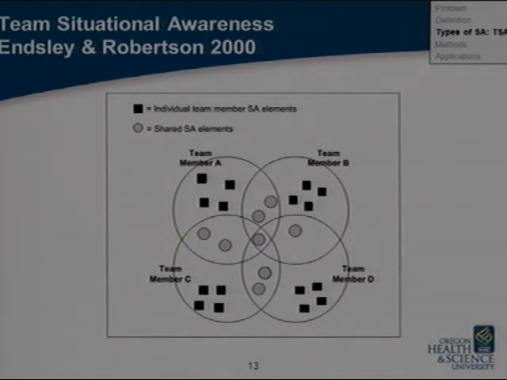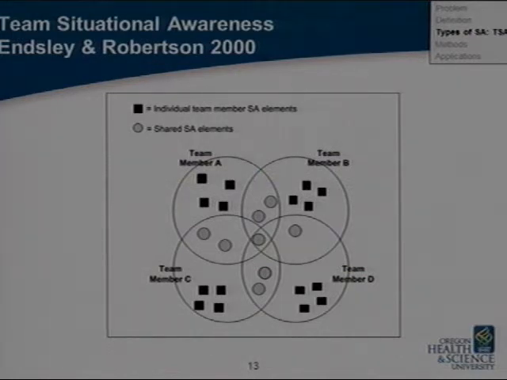This is Endsley's model. It's a fairly simple model in which you have team members and they have their own distinct awareness that enables them to perform their tasks. Now, they may share or overlap. They may have shared or overlapping pieces of knowledge that they need to be aware of in order to perform joint tasks.